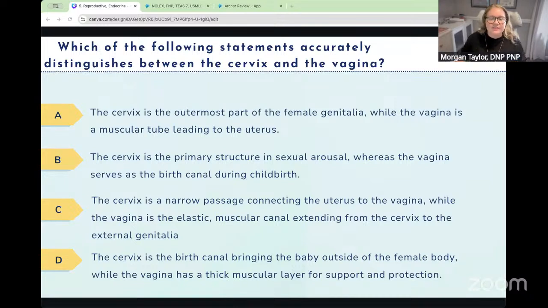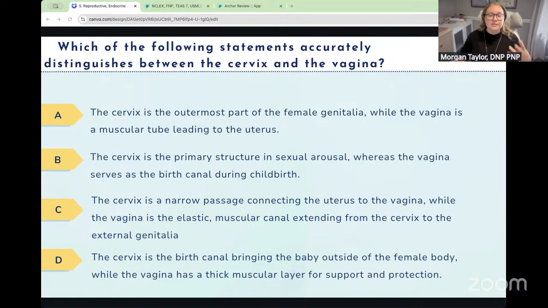The cervix is the birth canal? No, the cervix isn't the birth canal. Remember, the cervix is that gate that lets you into the internal uterus. The birth canal is the vagina.